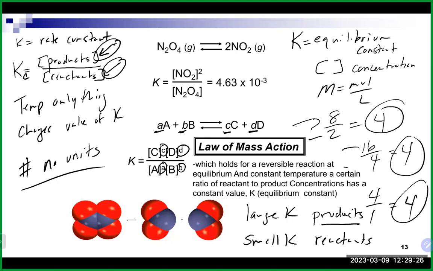There are some K values that are times 10 to the 30, 40, 100, and there are some that are times 10 to the minus 32, super small numbers, really large numbers, and anywhere in between. But in general, if you have a large value of K, you should mainly expect products there. A smaller value would mean you expect mainly reactants.